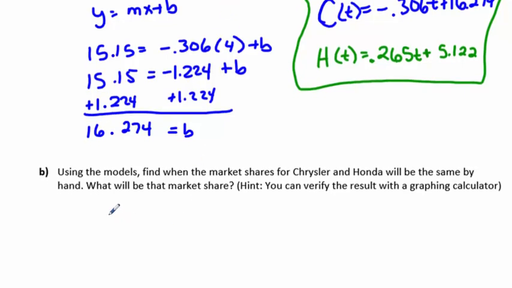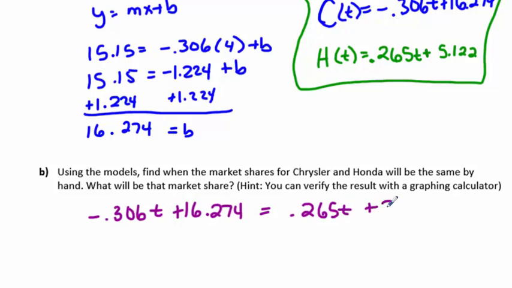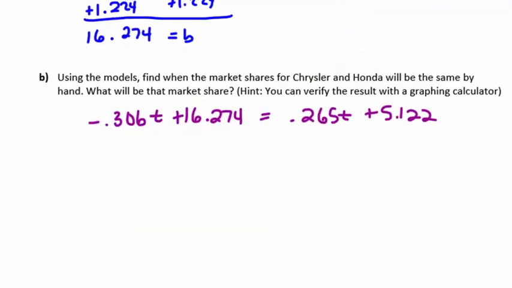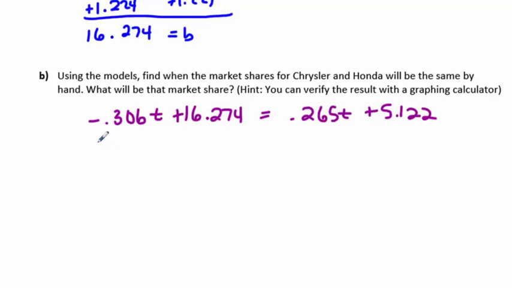To find the intersection, we're going to set the two models equal to each other, so negative 0.306 t plus 16.274 will be equal to 0.265 t plus 5.122. Let's start solving this system by first adding the 0.306 t to both sides.